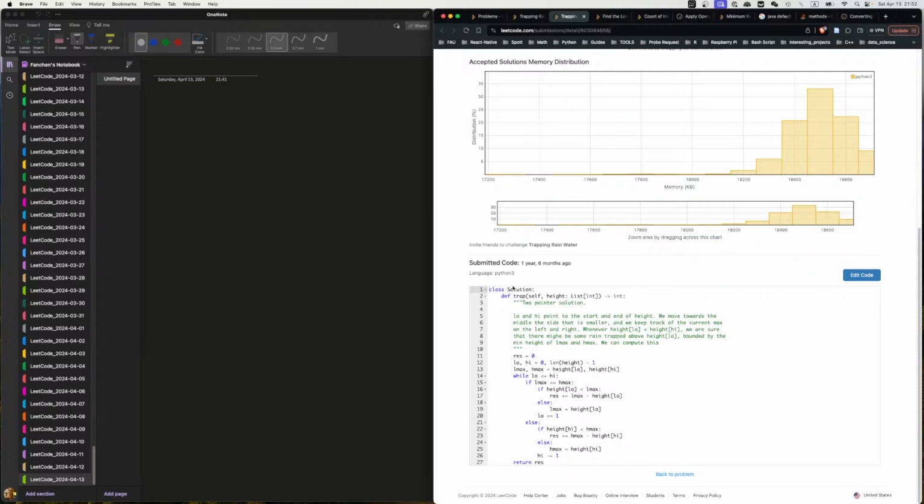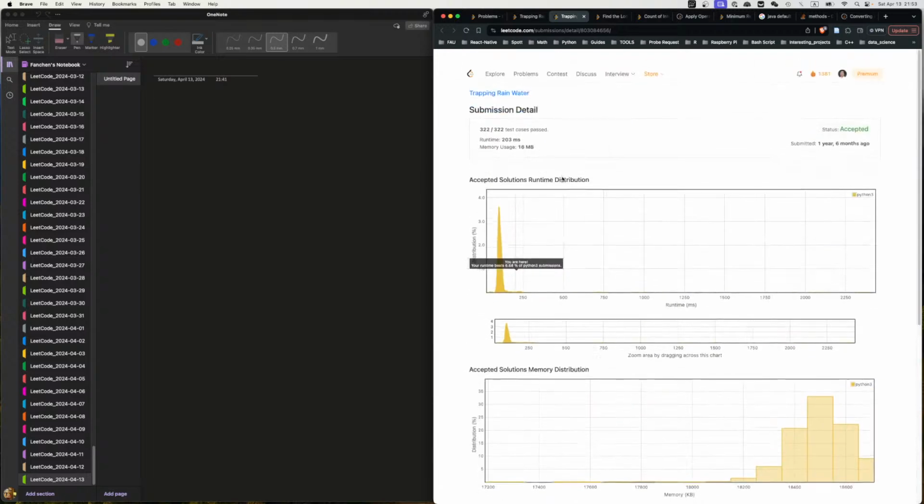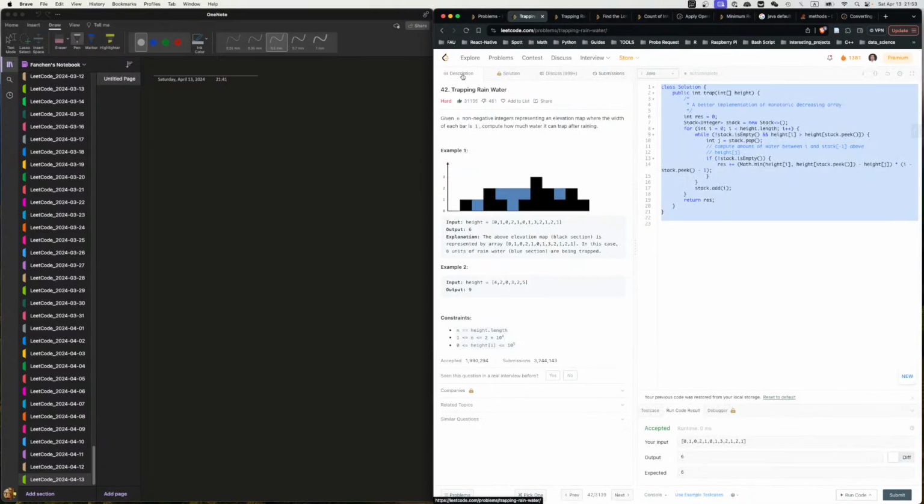Okay, so I think what this means is we go through from left and right, okay? And at each point, we are going to count the amount of water above the height. I think this is what it means. So as we go through, like here we add this part. Here we add this part. Here we add this part, right?